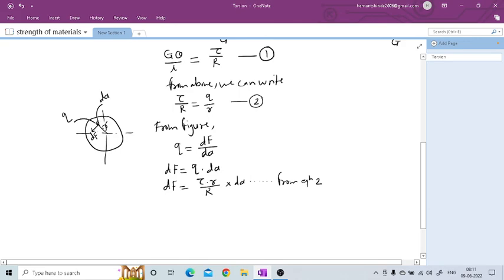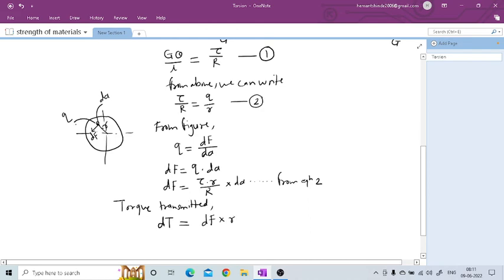Now if I want to calculate the torque from this small particle, torque transmitted, torque is nothing but moment. So the torque transmitted by the small particle will be dT, because the small force is dF. So how to calculate this moment? Force into radius.